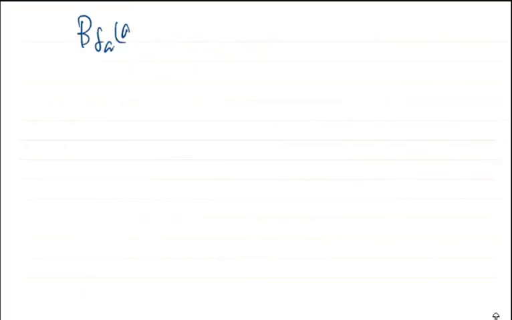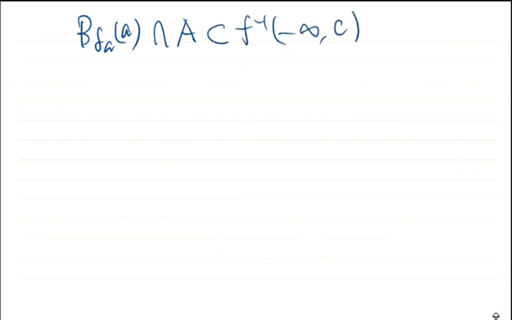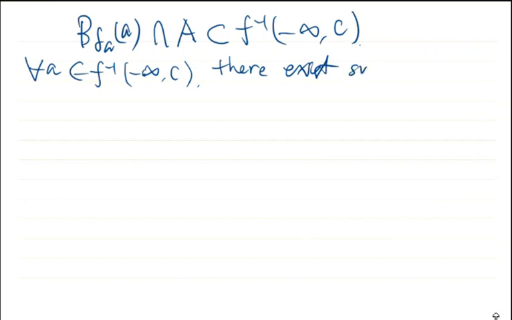B(a, delta a) intersect A is contained in the pre-image of this. Okay, and this is true for every a in the pre-image, with such a delta a positive.